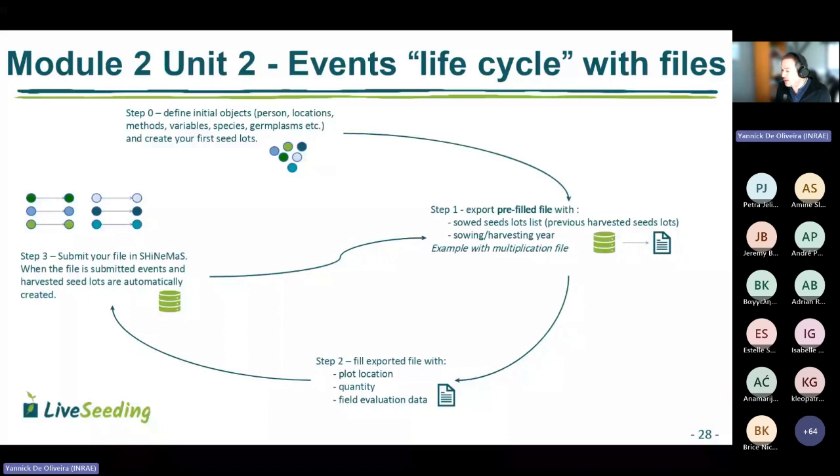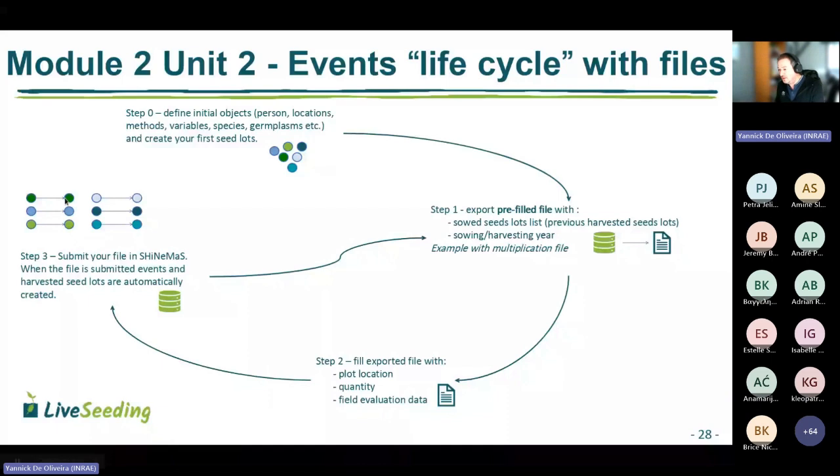So to summarize, you started from a set of seedlots that have no relationship. You export the file, you fill the file, and when you submit the file, it will create the relationship between the harvested seedlot and the sown seedlot with an arrow here that you see that depicts the multiplication.